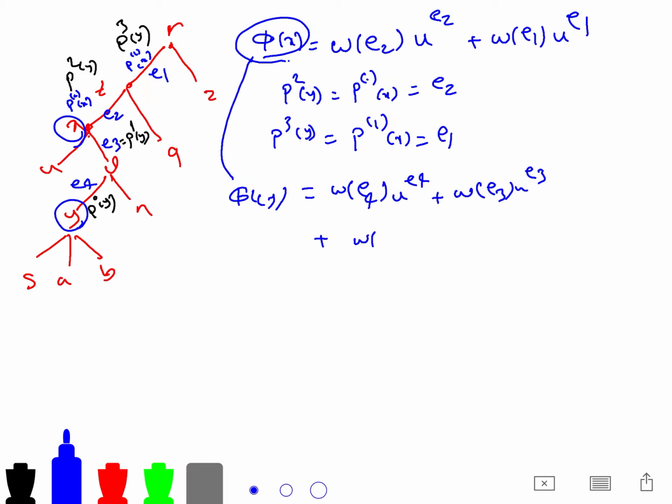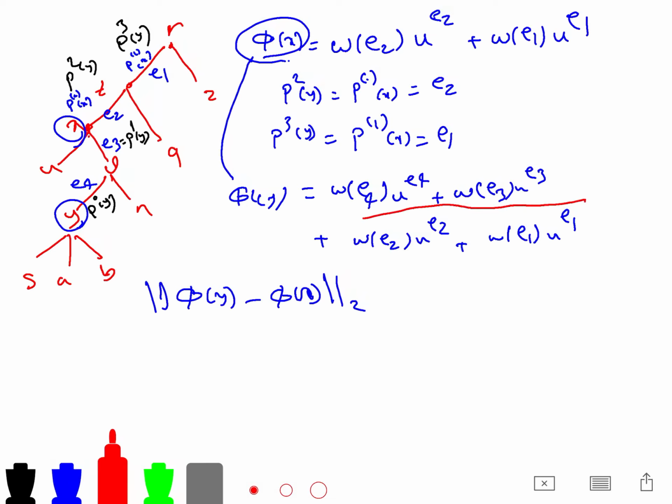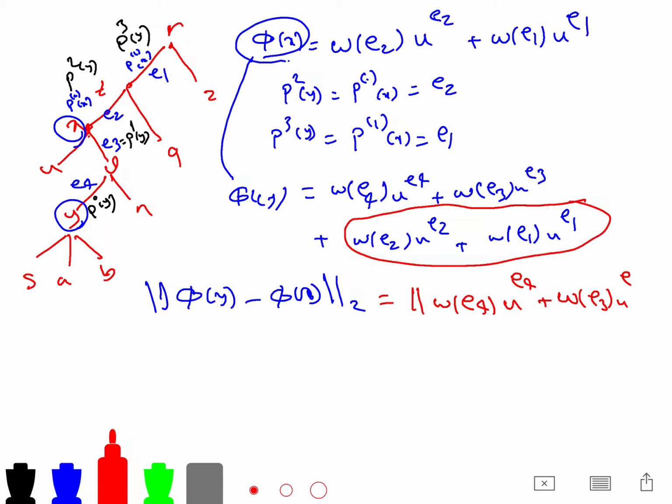So, W of E2, U E2, and W of E1, U E1. If you subtract phi y from phi x, because there are some terms that are common in both of them, this is simplified to just W of E4, U E4, plus W of E3, U E3, in L2 norm.